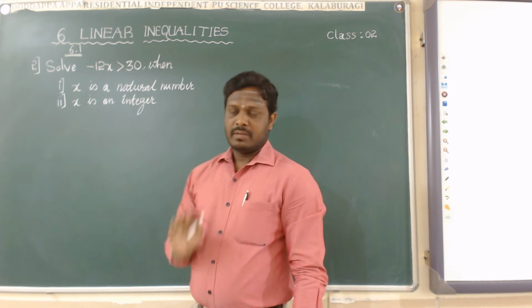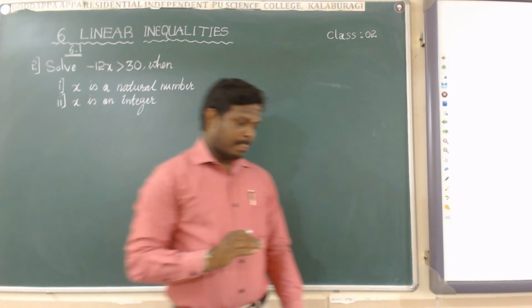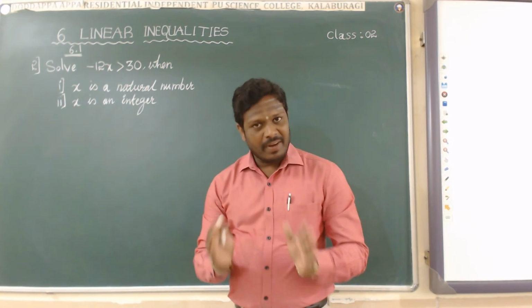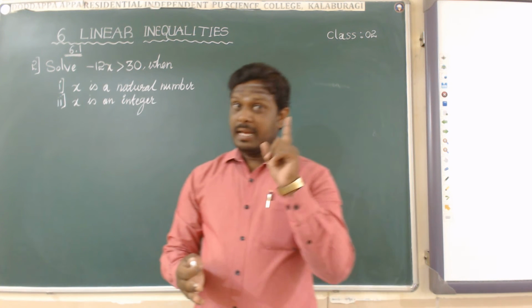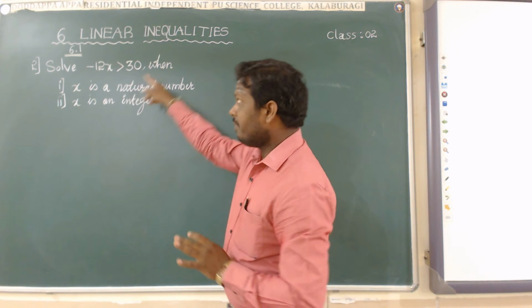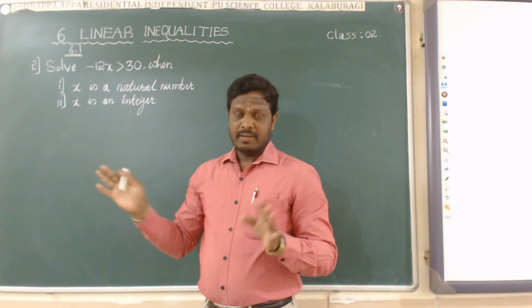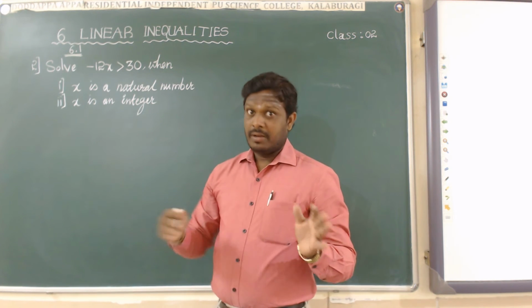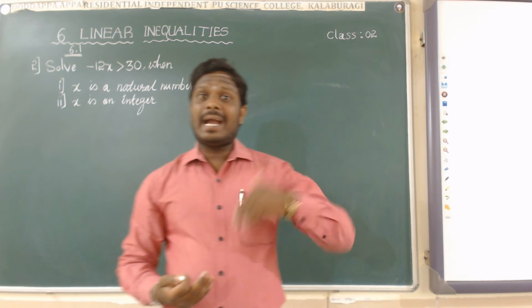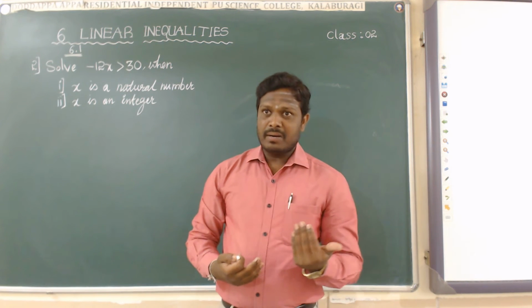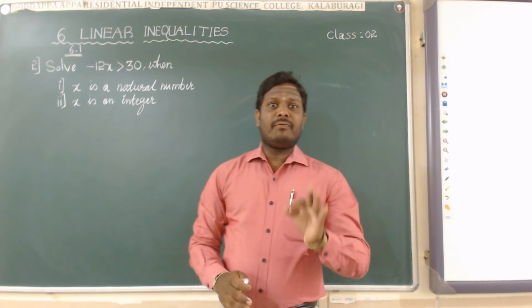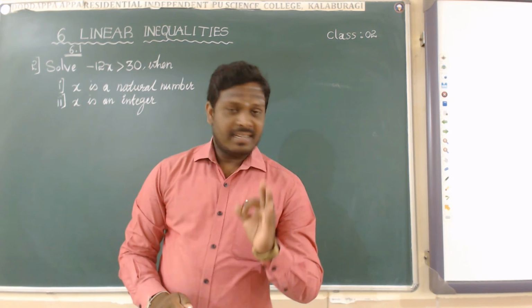Second, both sides we can multiply or divide by a positive number, and then also the sign of inequality will not change. When we divide or multiply by a negative number on both sides of the inequality, then the sign of inequality is reversed.